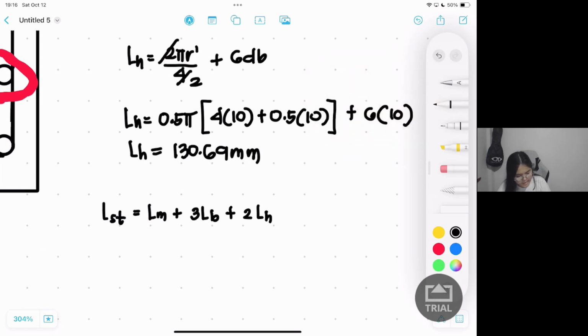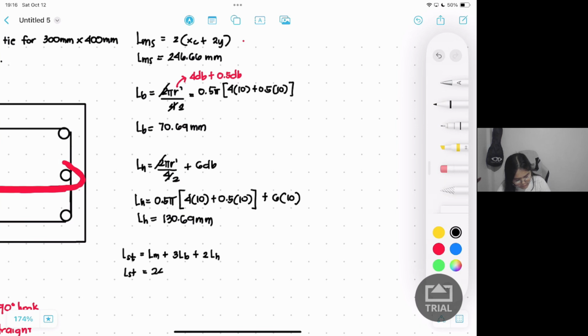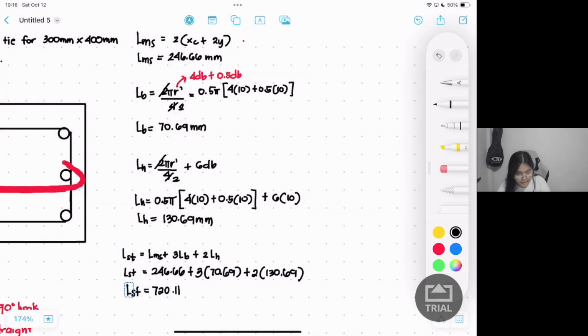So, ang LST natin ngayon, ang nakuha natin sa LM, 246.66 plus 3 times LB natin na 70.69 plus 2 times 130.69 na LH. Okay? So, LST natin ngayon ay 720.11 mm. So, yan na ngayon yung answer natin.